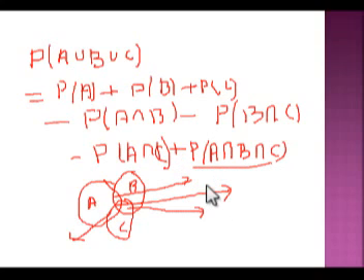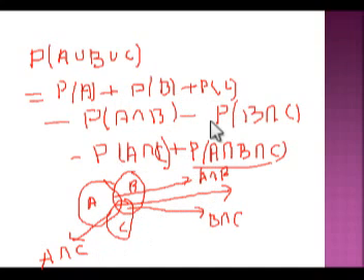So that's why it should be added. So this is A intersection B, this is B intersection C, and this is A intersection C. This is proved in set theory. When you add set A, set B, and set C, then all the intersections are taken twice, so that's why they should be subtracted.